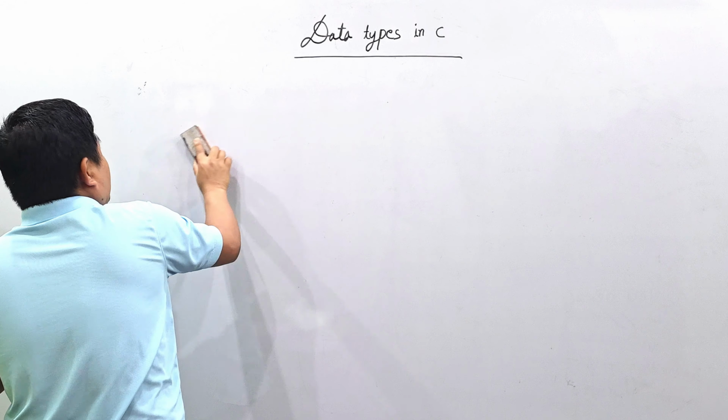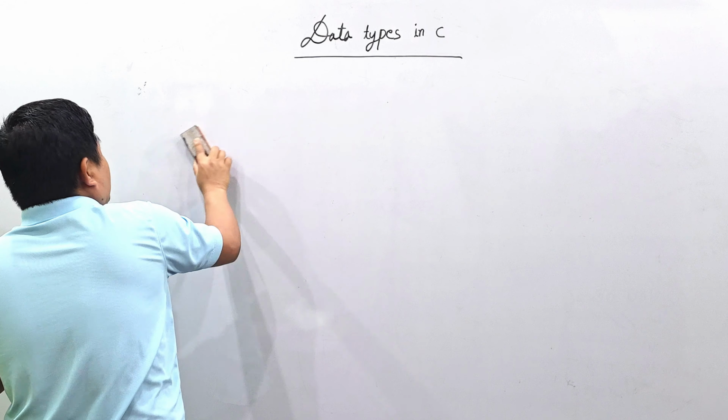One is primitive, another one is derived, and another one is the user defined data type.